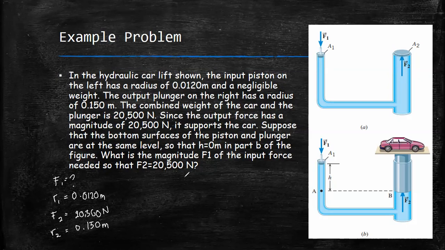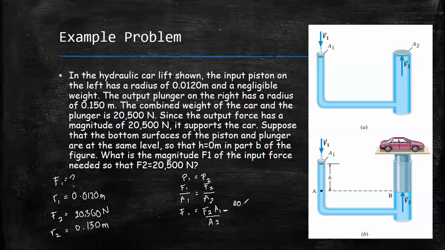Based on Pascal's law, the pressure at point 1 is equal to the pressure at point 2, and pressure is equal to force over area. Therefore, F1 is equal to F2 times A1 over A2. So the given value of F2 is 20,500 Newton.